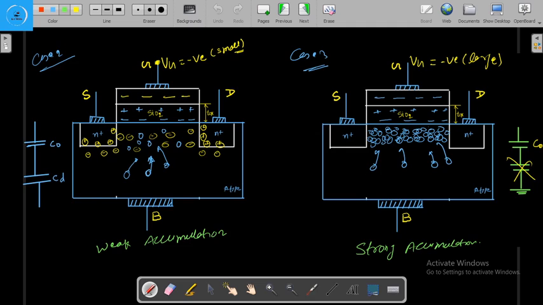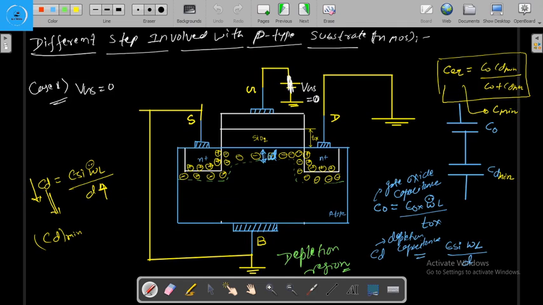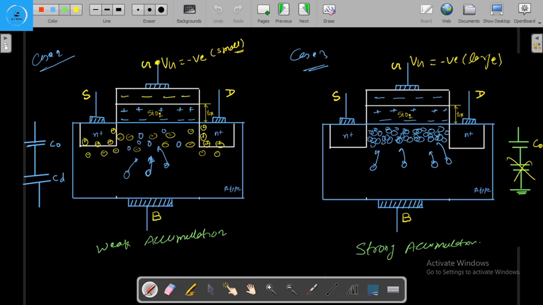When we are not applying any voltage, this will be the depletion region. Here the capacitance will be minimum, equal to C naught CD minimum upon C naught plus CD minimum. When we apply a very small negative gate voltage, the immobile negative ions as well as holes are present between the source and the drain, and this region of operation is known as weak accumulation.